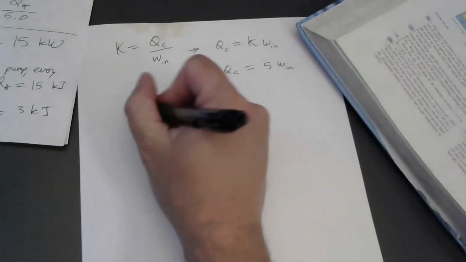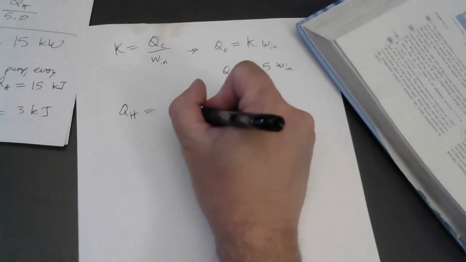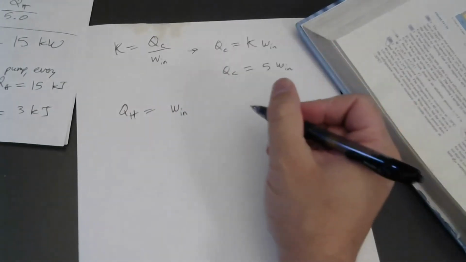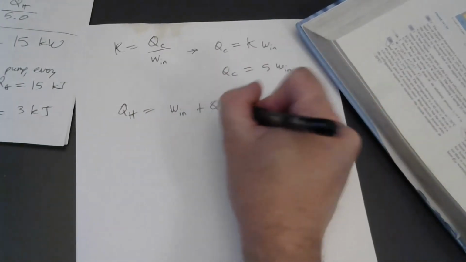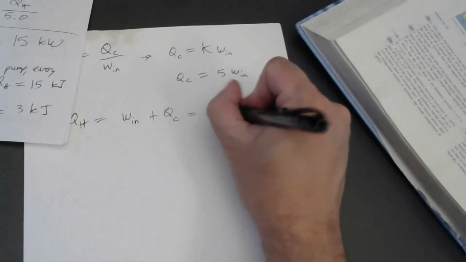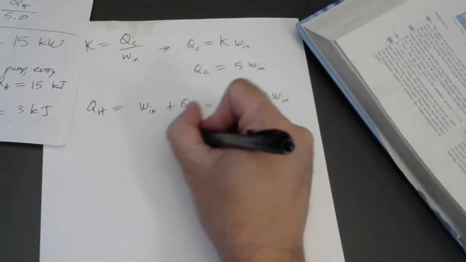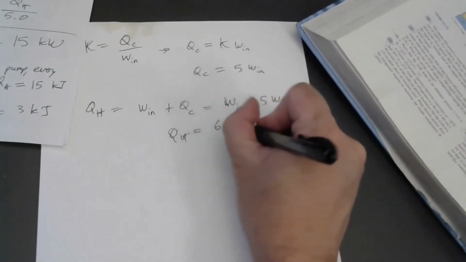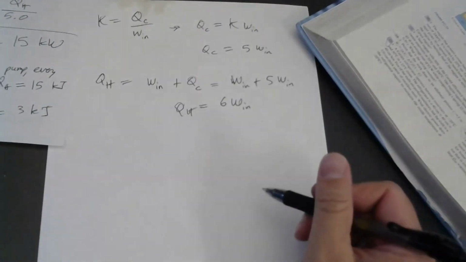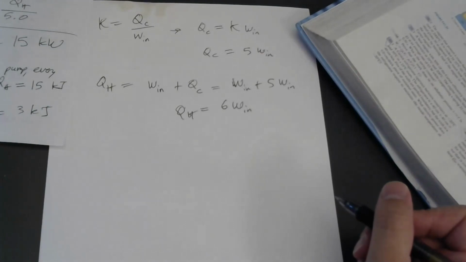And then they recognized that the total heat dumped into the house is whatever power or energy you're drawing from the power company plus the heat that you sucked in from the cold air. And that would be work input plus the 5 work input for a total of 6 times the work input. And then they reintroduced the definition of coefficient of performance.